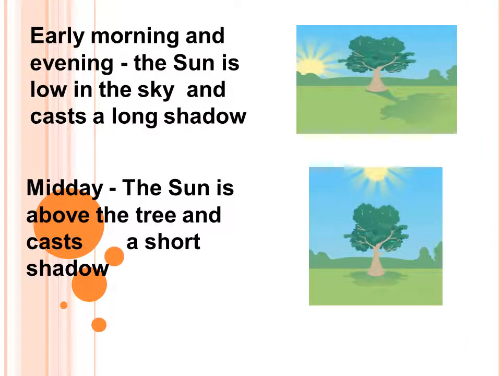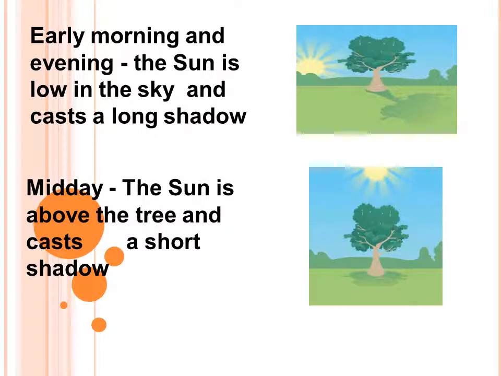Then we will talk about the size, or length, of the shadow. It is determined by where the source of light is. If it is far away, straight towards us, the shadow formed will be long.